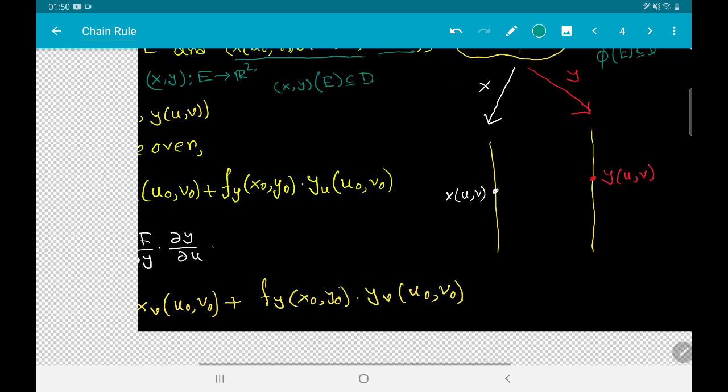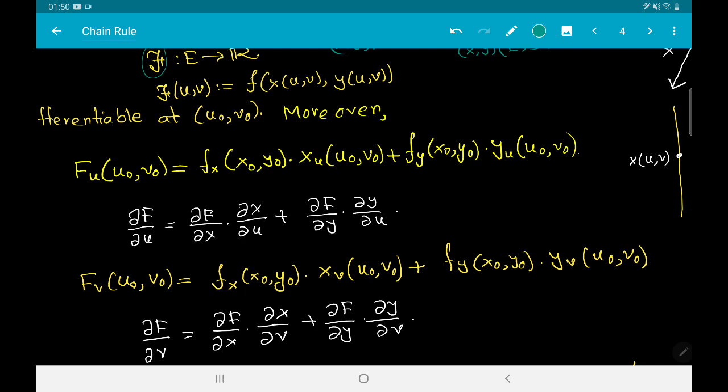So this is all the statement says, and the statement also tells us how to evaluate the total derivative. Here are some typos which I of course have to correct. It says that script f suffix u of (u0, v0) is nothing but f_x(x0, y0) times x_u(u0, v0) plus f_y(x0, y0) times y_u(u0, v0).